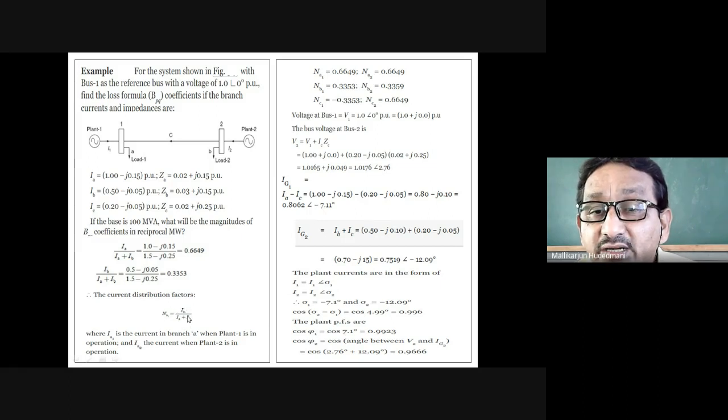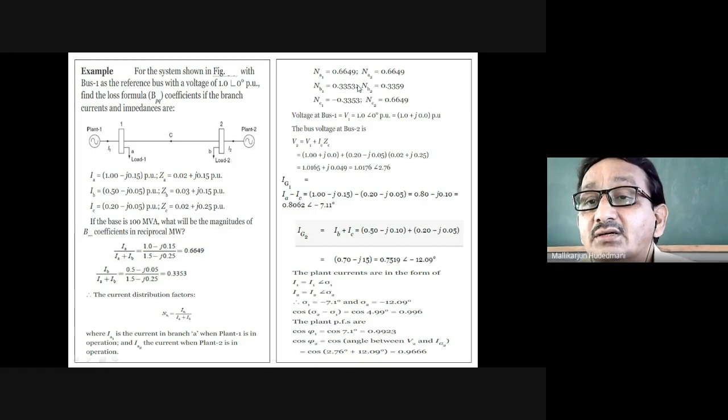When I take numerator IA to the ratio, that becomes NA. If I take IB, it becomes the IB factor. If I take IC, it becomes the IC factor. Same thing for B: NA1, NB1, NC1. In the numerator, I will change to IA, IB, IC respectively. When delivered by plant 2, it is this current. IB, I'll take here: 0.66, 0.359, 0.649.